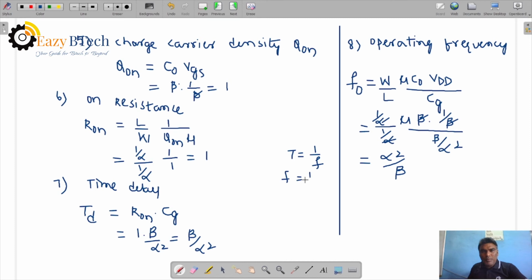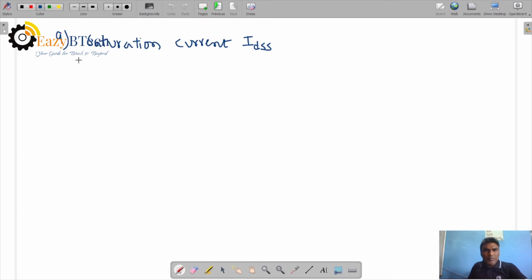So time delay is equal to beta by alpha square. Now 1 by time is equal to frequency, so time and frequency are both reciprocal. You see, time delay is beta by alpha square, operating frequency is alpha square by beta. So it is reciprocal, right? You can remember that.